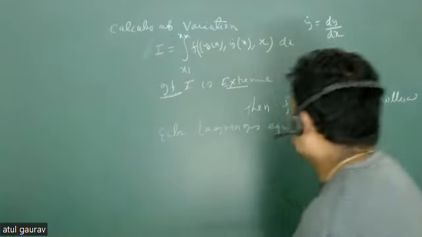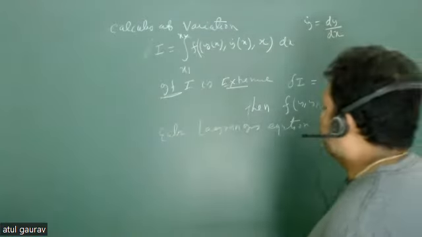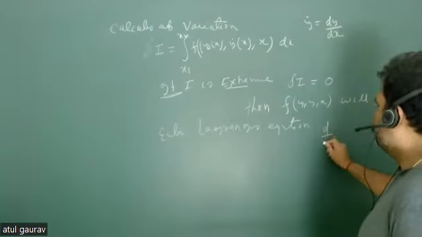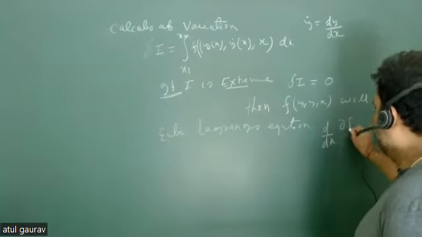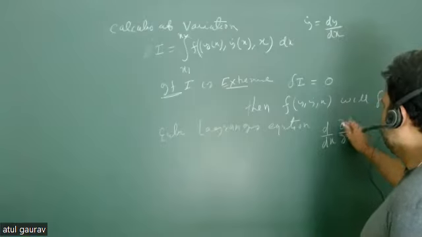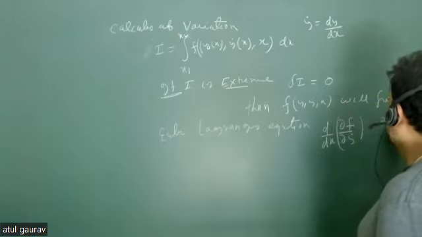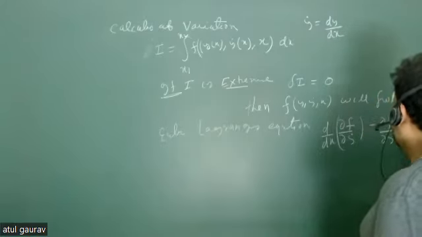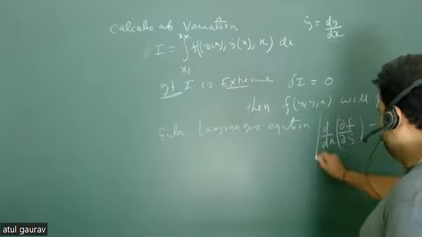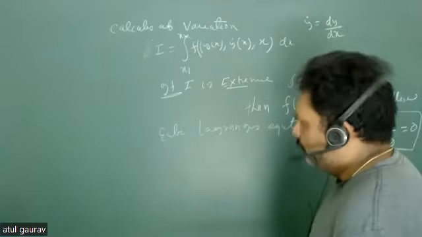Euler Lagrange's equation. What is this Euler Lagrange's equation? This is d upon dx of del f upon del y dot minus del f upon del y is equal to 0. This is Euler Lagrange's equation.